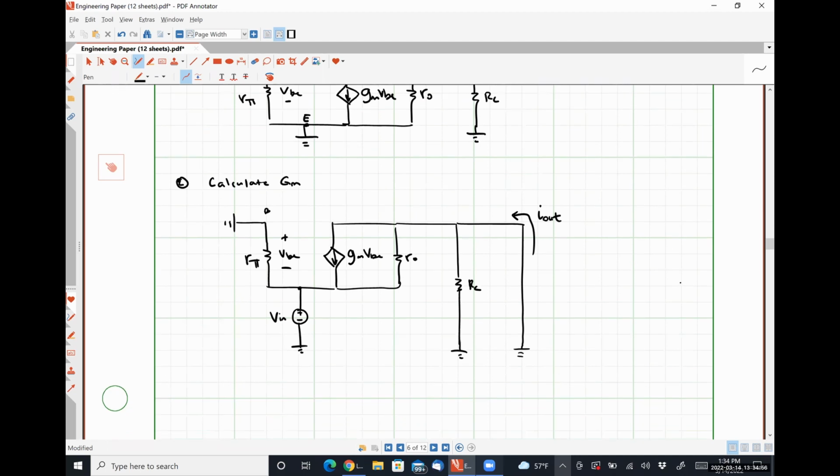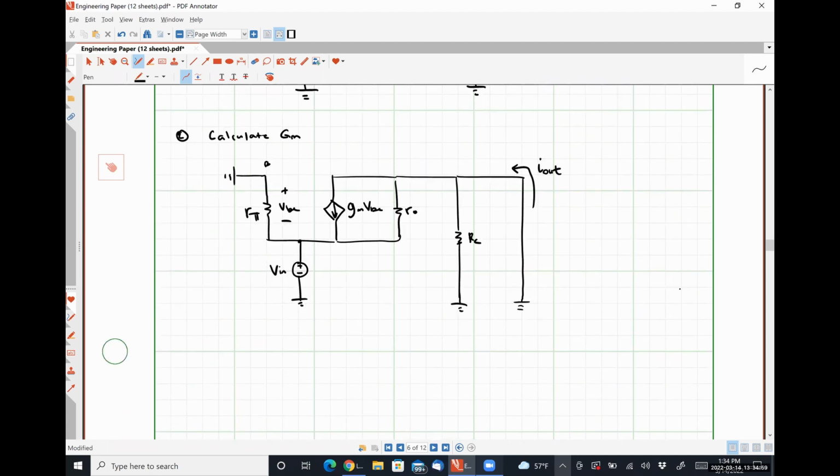So what we can say is that I out is equal to GM VBE, right? So that's the portion that branches off and flows this way. And then we're going to have 0 minus VN over R naught. So negative VN over R naught. Well, what's the relationship between VBE and VN here?